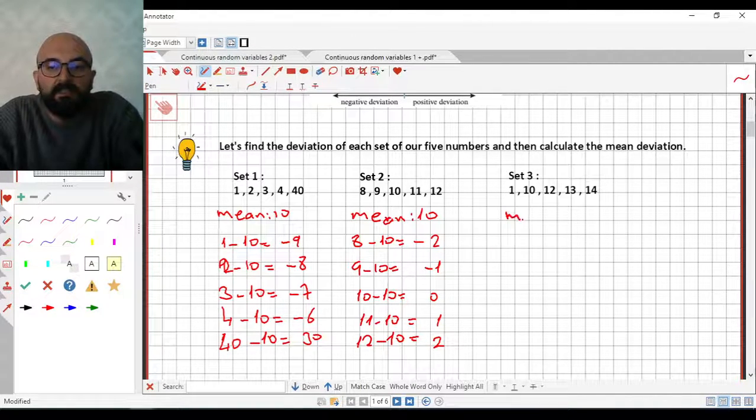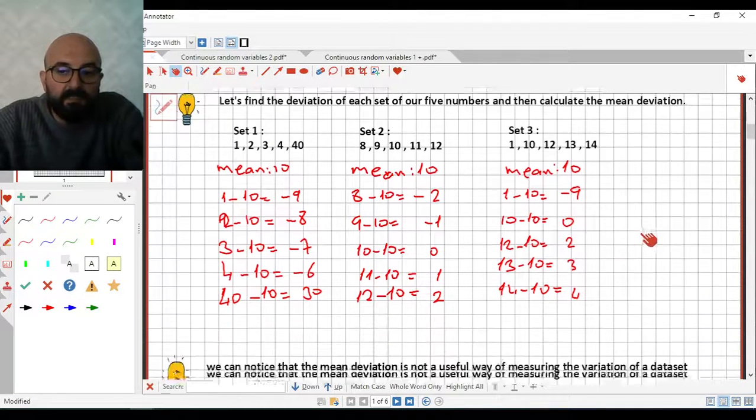For the last set, as you remember, the mean is 10, and I want to compute the deviation for all data: 1 minus 10, 10 minus 10, 12 minus 10, 13 minus 10, and 14 minus 10. So our deviations are negative 9, 0, 2, 3, and 4.